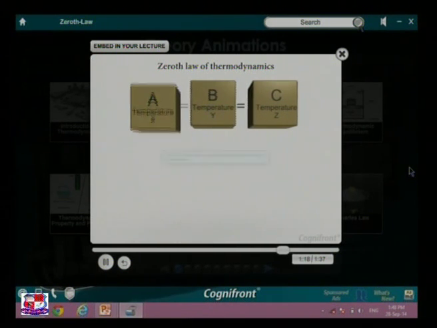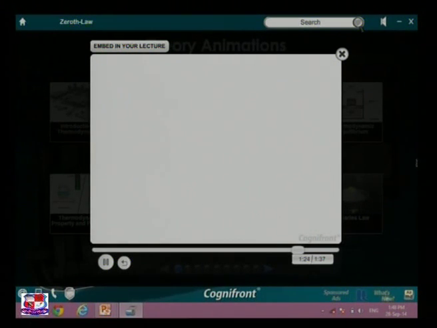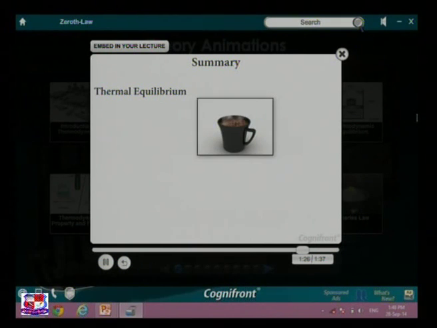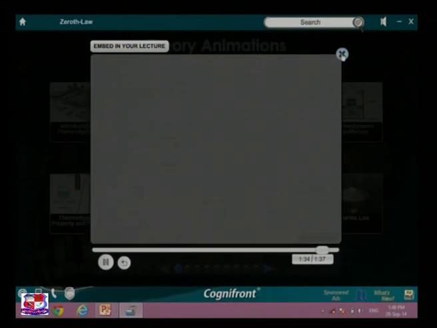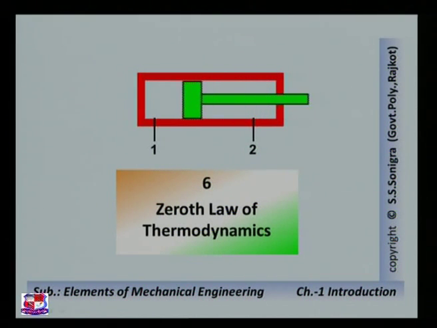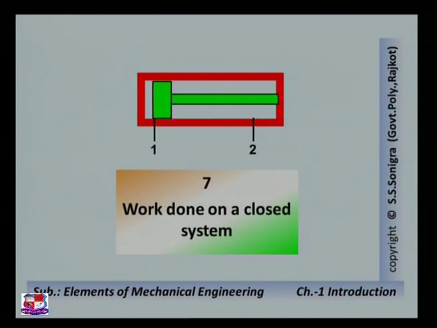This is because objects in thermal equilibrium have same temperature. In this session, we have learnt about thermal equilibrium and the zeroth law of thermodynamics. So we have seen the zeroth law of thermodynamics.